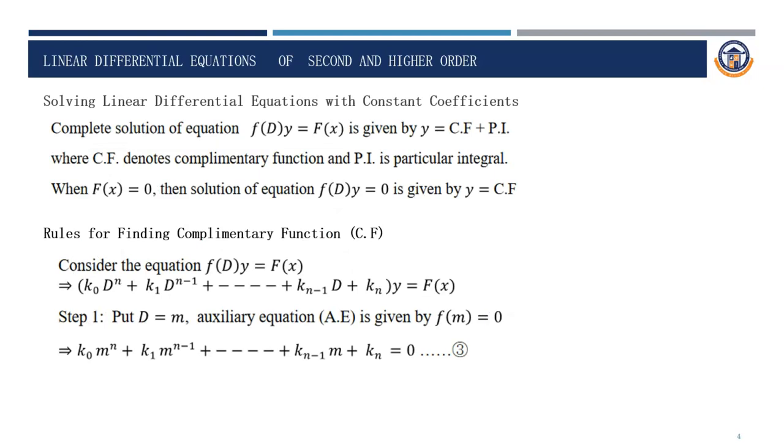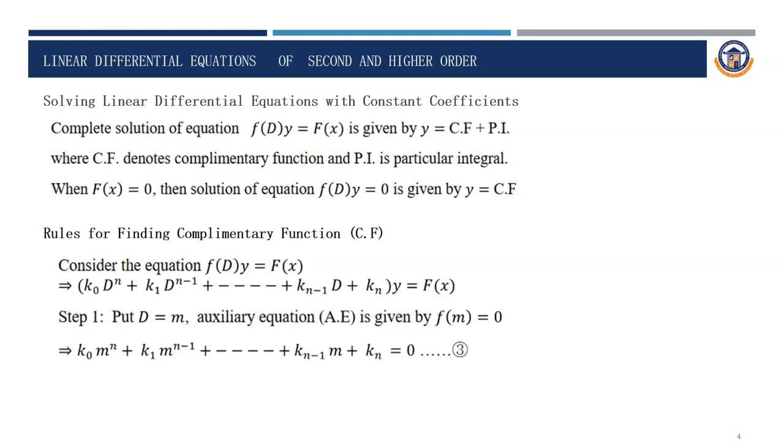Solving linear differential equations with constant coefficients: the complete solution of the given equation f of D into y equal to capital F of x is given by y equal to complementary function plus particular integral, where CF denotes the complementary function and PI the particular integral.